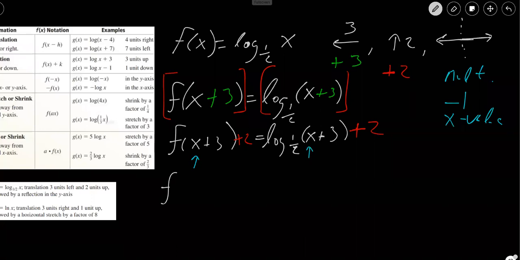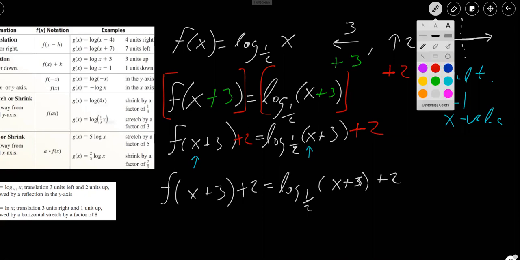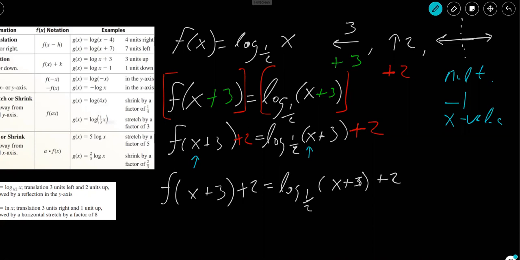That's the only thing that's going to change on this function at this point. So I'm multiplying the x by a negative.